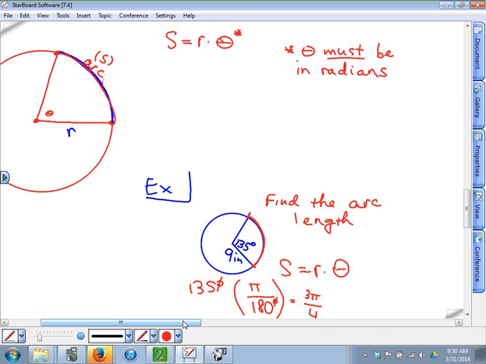Here's an example. I want to find the length of this arc right here.